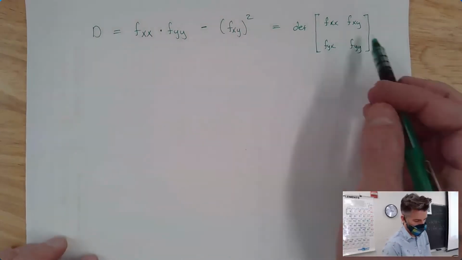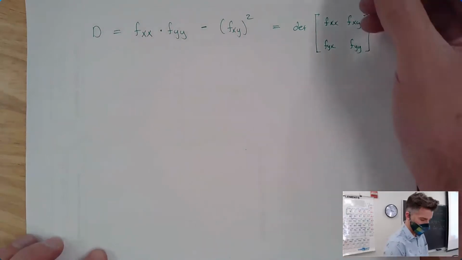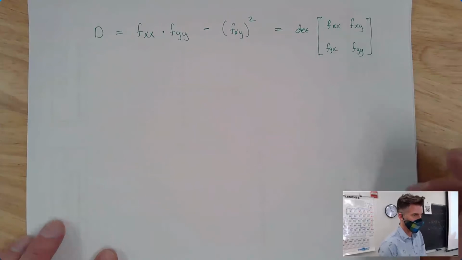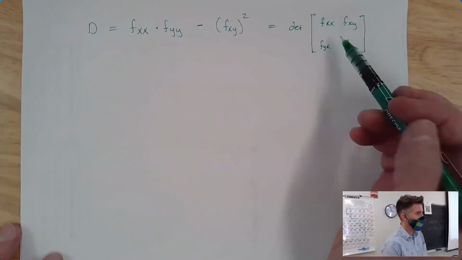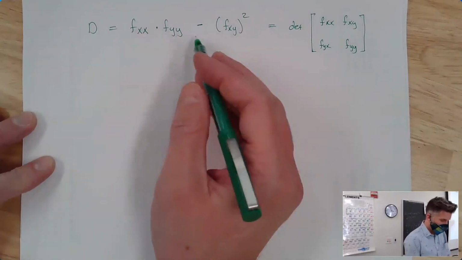In the first row, you have the partial with respect to x. In the second row, you have the partial with respect to y. And then the first column, you have the partial with respect to x. And the second column, you have the partial with respect to y. It's not a big deal. If you never remember this ever in your whole life, you'd be fine. But since you guys know about determinants, I feel like it's worth saying that. So we're going to calculate this.